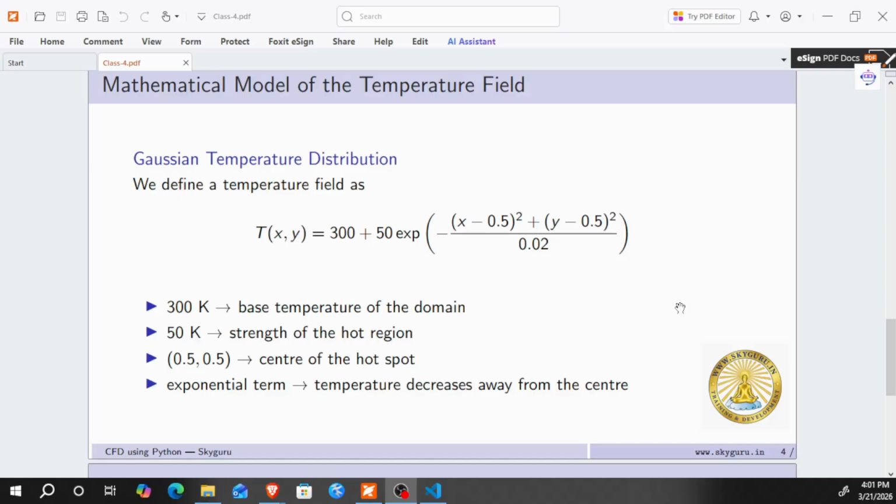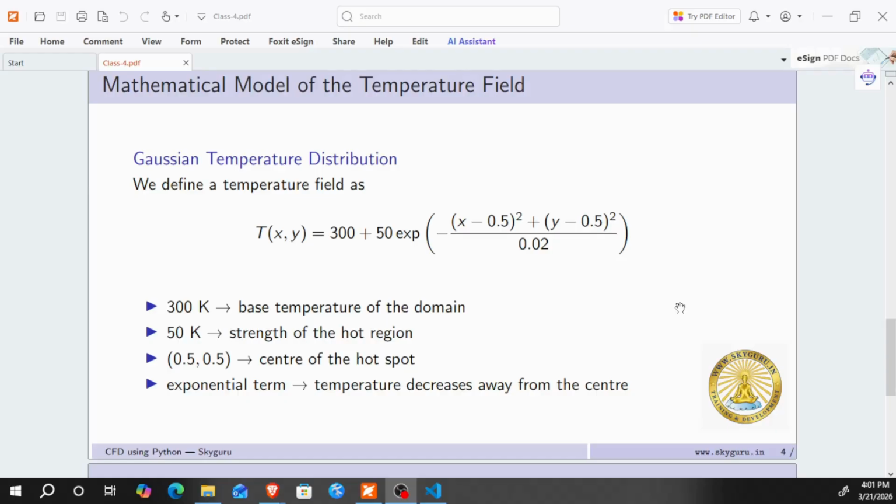So we have this equation T(x, y) equal to 300 plus 50 times exponential of negative ((x minus 0.5) squared plus (y minus 0.5) squared) divided by 0.02.